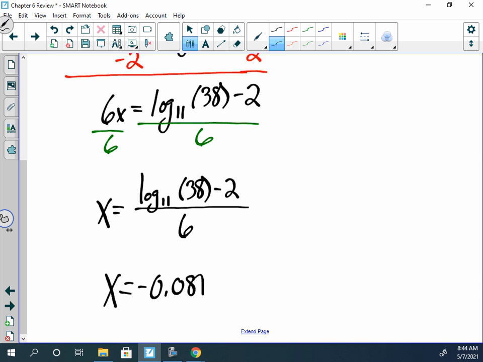That is negative 0.081 because we rounded up. Yep, and that's it. If you put negative 0.0805 or however you want to put it, that long decimal without rounding, I'll take any version of those.